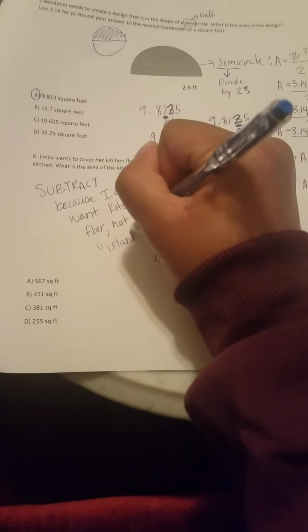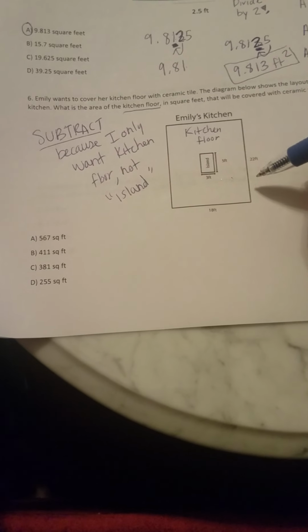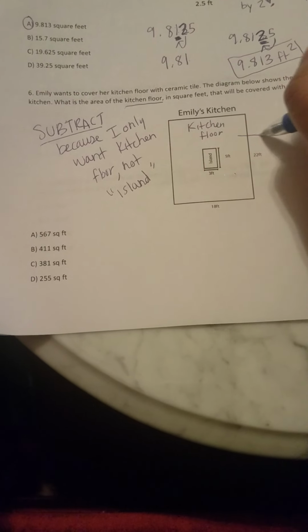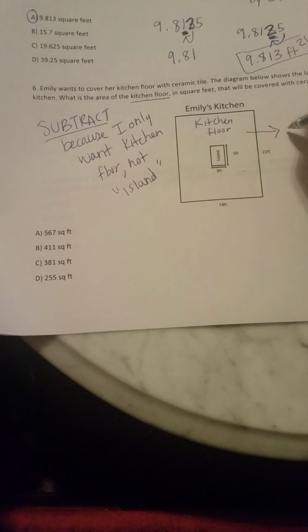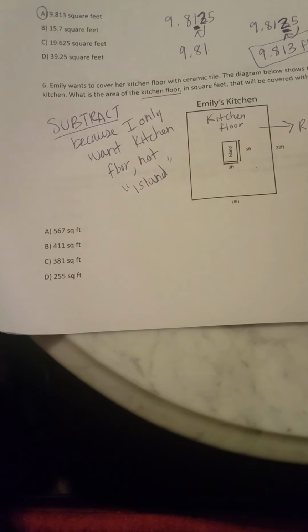Okay, so if you don't want something, that means you would subtract instead of adding. All right. So first thing you have to do is find the areas of both shapes. They are both a rectangle. So this one, I'll just say it is a big rectangle.